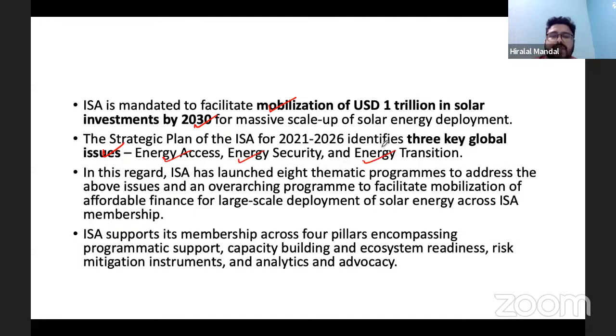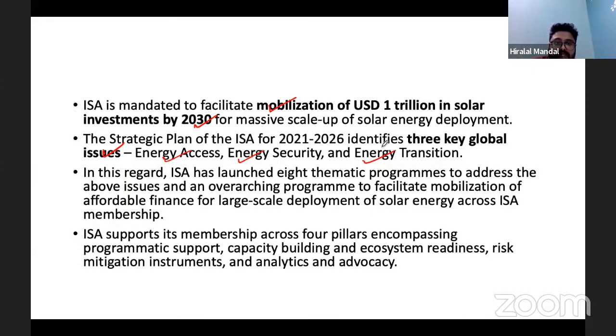India has leadership in the International Solar Alliance, and it wants more and more countries to join. The objective is to channelize more and more resources for energy transition, energy security, and energy access, more specifically to the developing and least developed countries.